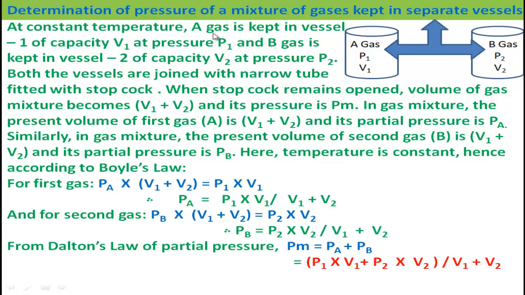At constant temperature, A gas is kept in vessel 1 whose capacity, that means volume, is V1 at pressure P1, and B gas is kept in vessel 2 of capacity V2 at pressure P2. They are separated by a stopcock.